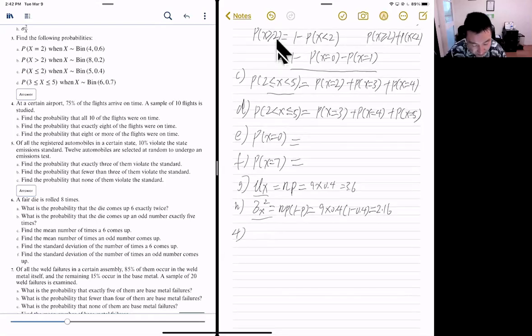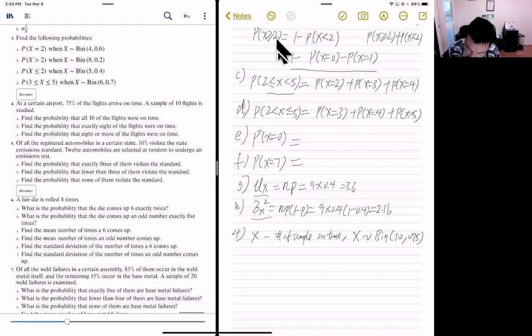A, find the probability that all 10 of the flights were on time. So if X is defined as the number of flights in a sample that arrive on time, then X will follow, you should write this down, binomial(n, p), n is 10, p is 0.75. 0.75 is the probability for each flight to arrive on time.